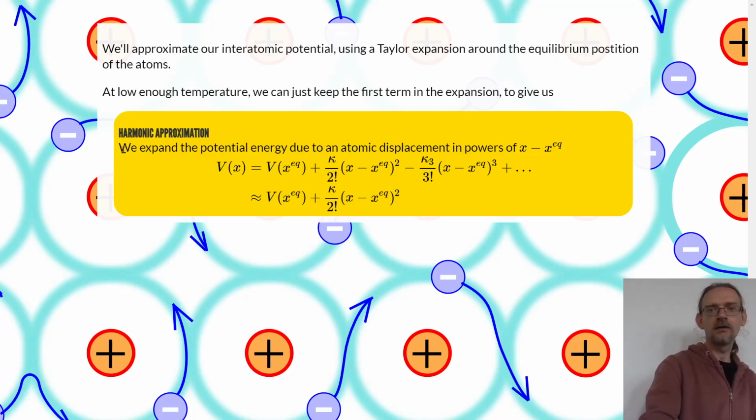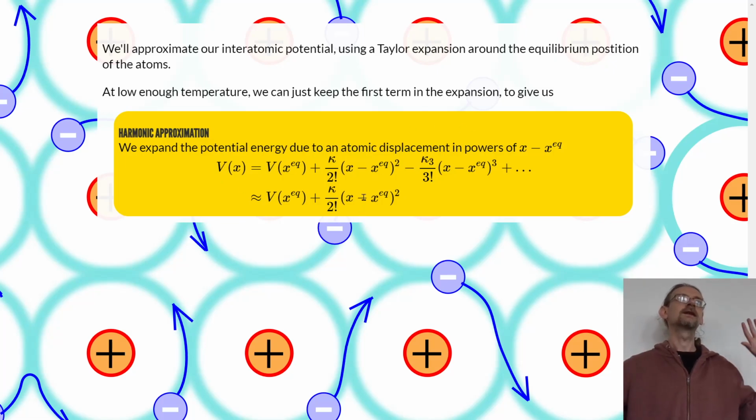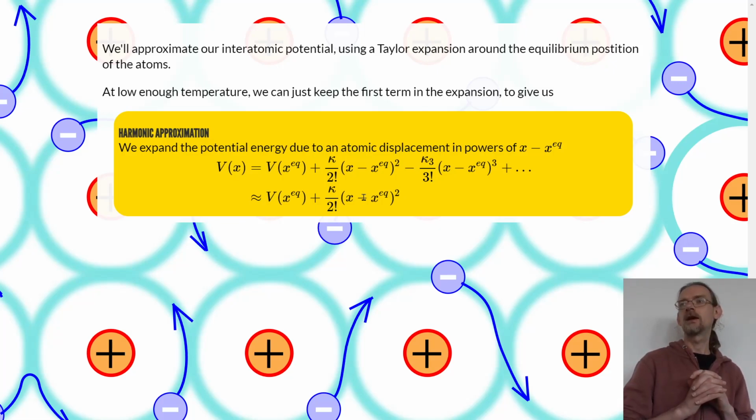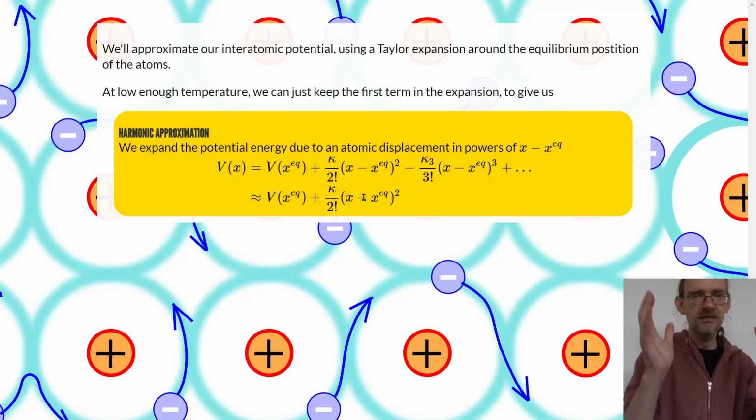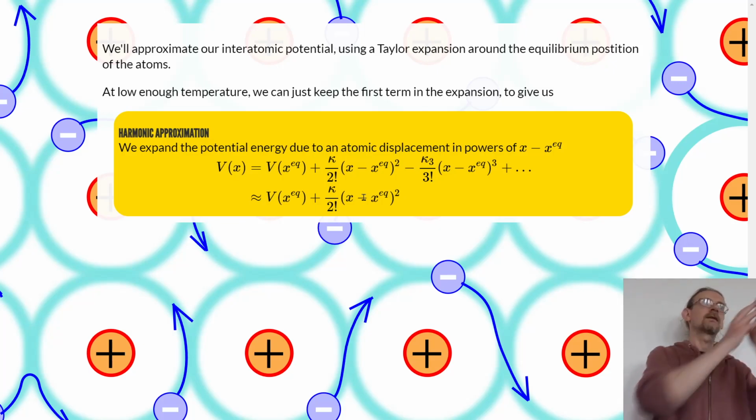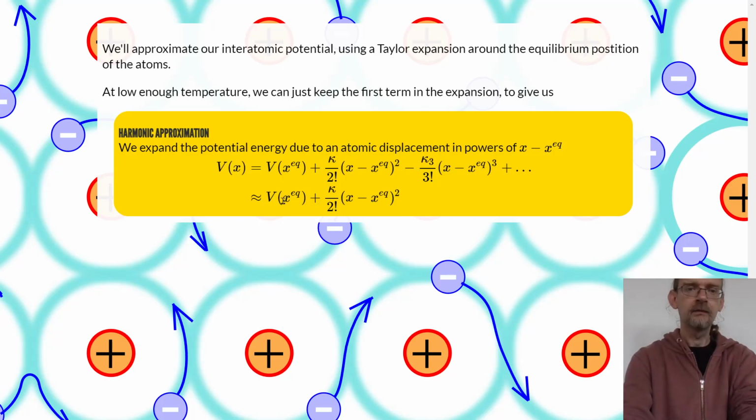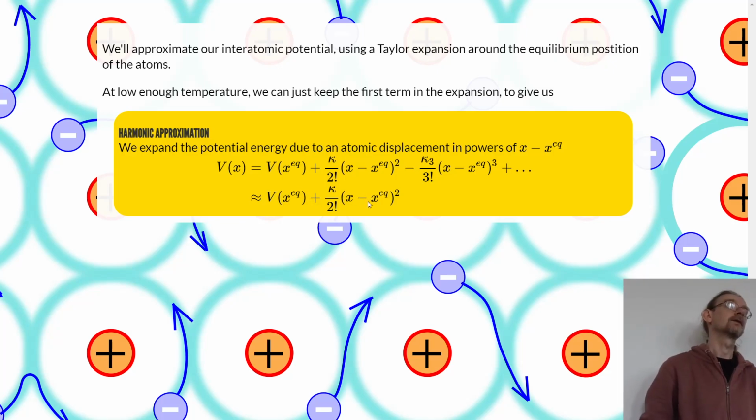So what we're going to do is, no matter what the interaction potential really is, what real quantum mechanical interaction, if we're at some sort of low enough temperature so that the atoms are only moving near the bottom of the well, we can approximate the interaction potential with a harmonic interaction.